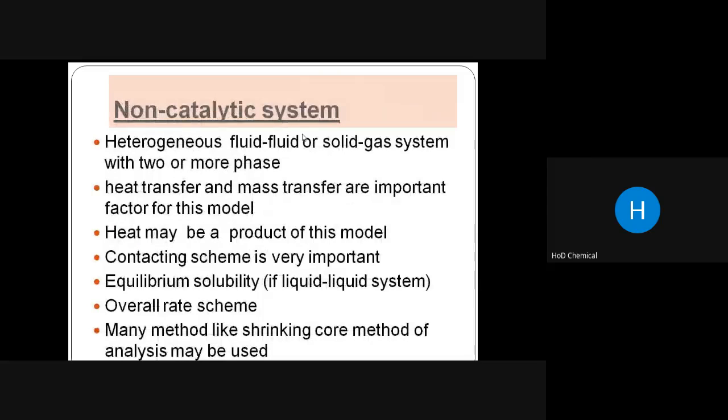So now we enter into the non-catalytic system. Here the non-catalytic system is one where the reaction does not involve a catalyst. At that time, the catalyst is not involved in the heterogeneous system. Under these conditions, we have to consider heat transfer and mass transfer coefficients.